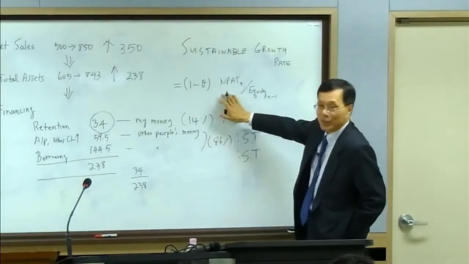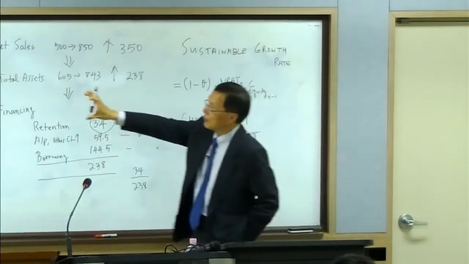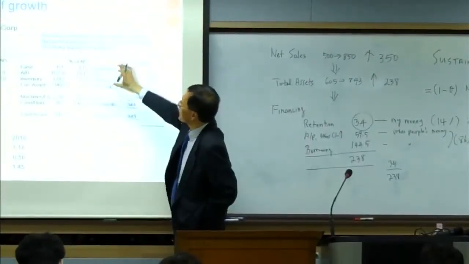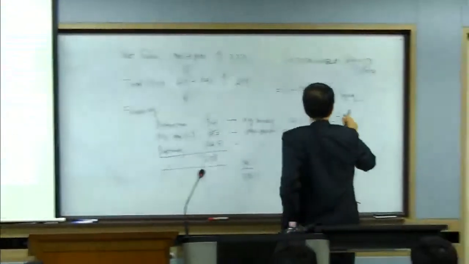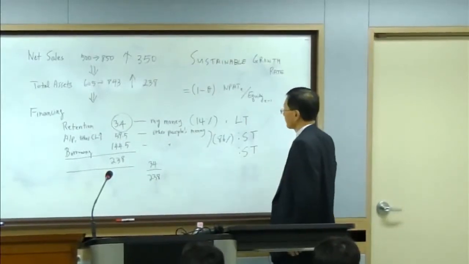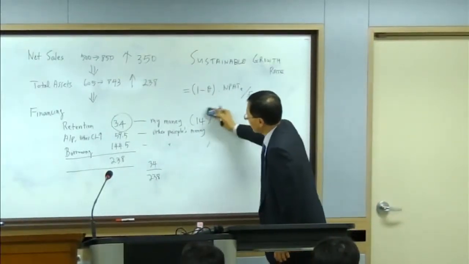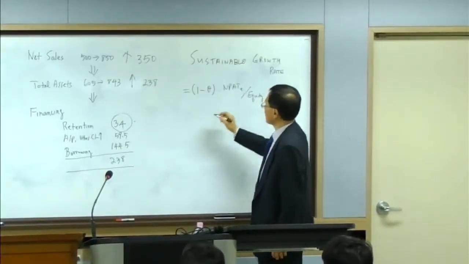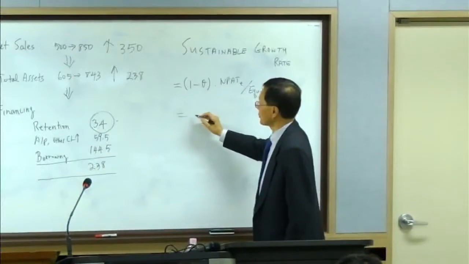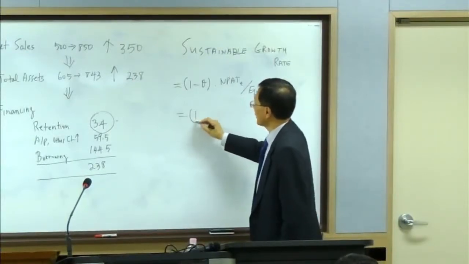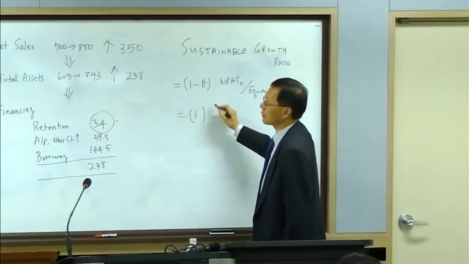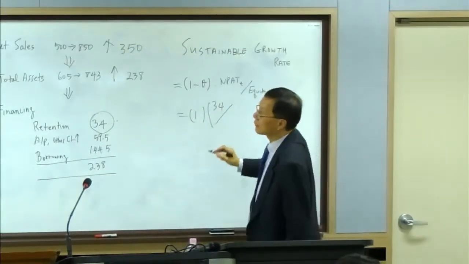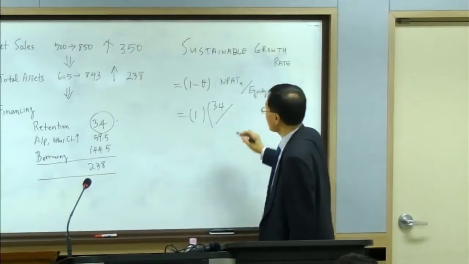So for this company, called ABC, net profit after tax of 34. Theta is 0, so it's 1 times net profit after tax of 34 divided by equity of 310.